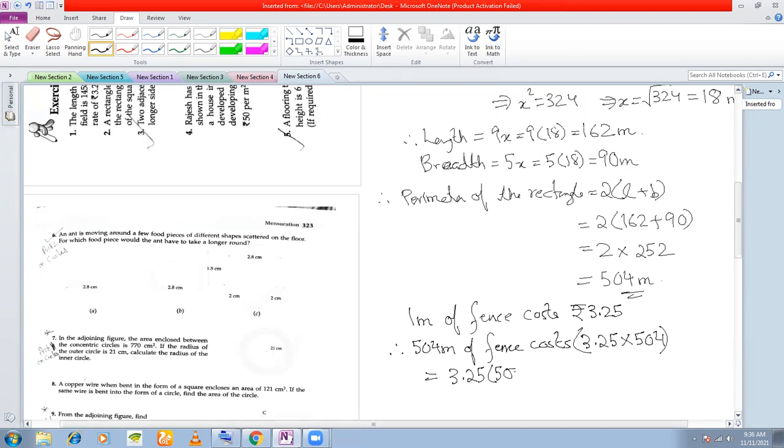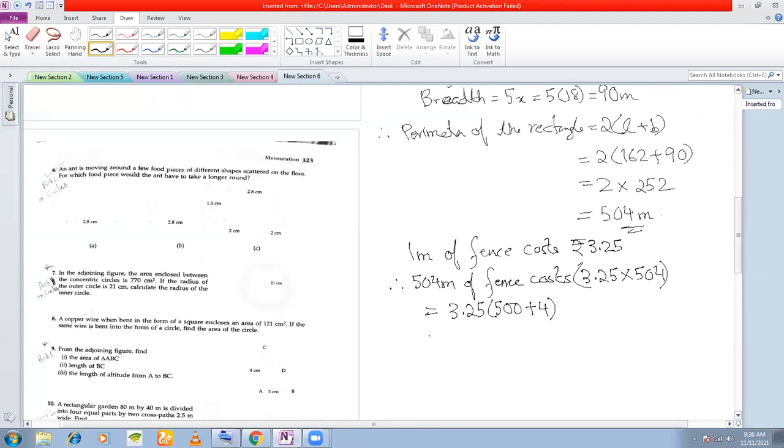How do you multiply 3.25 into 504? You can write 504 as 500 plus 4. Now you can multiply 3.25 into 500 plus 3.25 into 4. 3.25 into 500 will give you 325 into 5, two decimal places will shift. And 3.25 into 4 will give you 13.